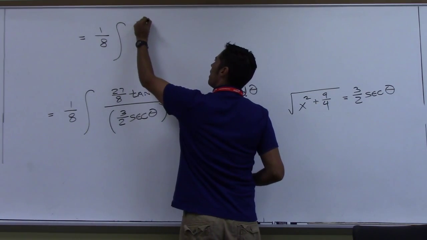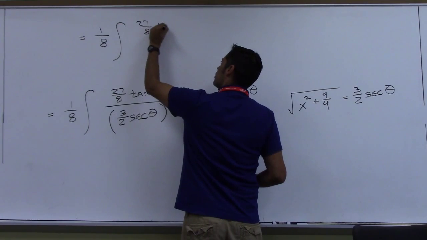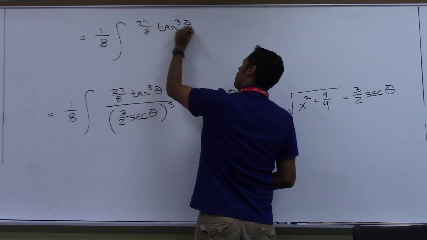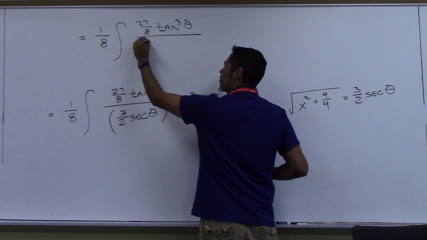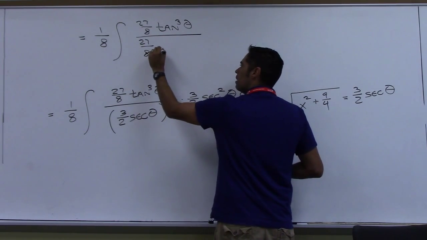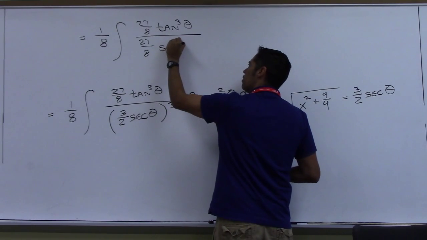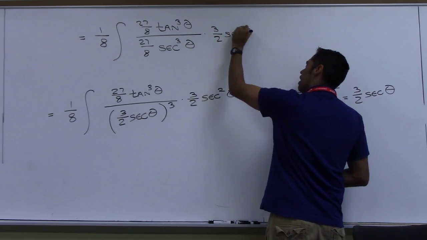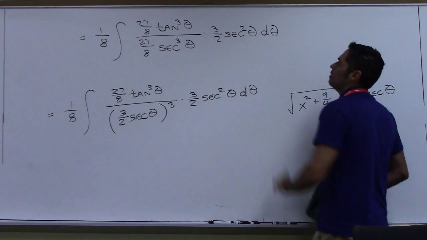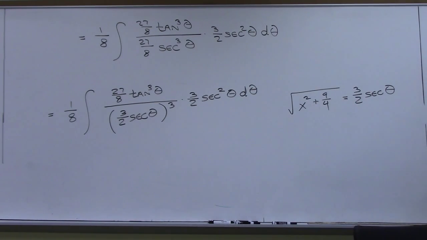I have 27/8 tangent cubed theta over, now I'm cubing each of these. Cubing 3 halves gives me 27/8 again. Secant cubed theta times 3 halves secant squared theta d theta. See how that changes things?